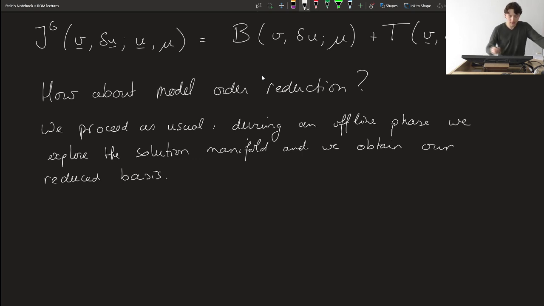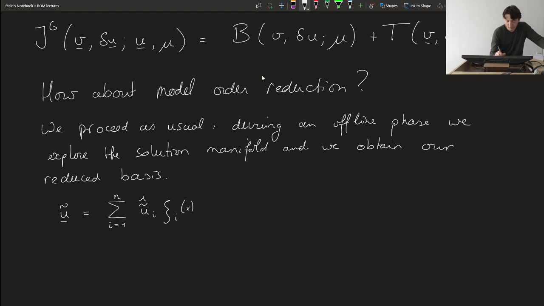Now after that, we can write any model order reduced approximation of our solution, so u tilde, as the sum of, well, small n of our bases, right, times coefficients u hat, coefficient i multiplied by some basis function psi.